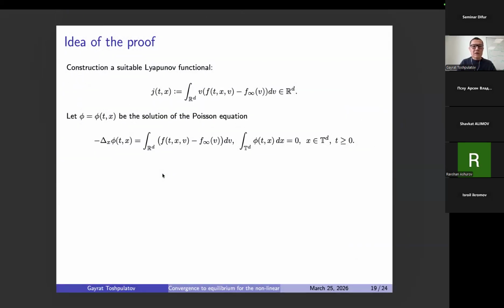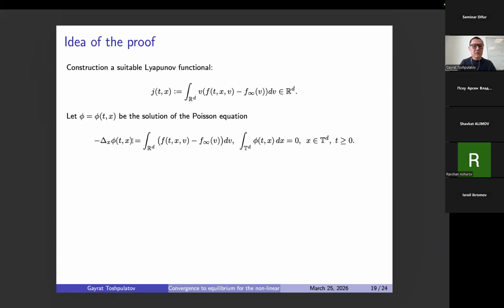So I can show you how we construct a Lyapunov functional. Let me denote by J, which is a function of t and x, the integral of this difference multiplied by v, that is f minus f infinity, integrated with respect to v. So it's a vector.